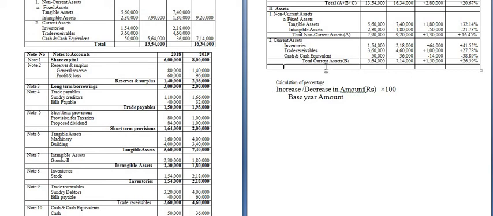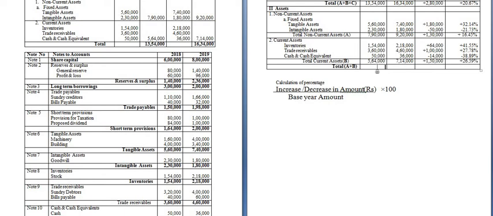So right here total assets in bracket A plus B. A how much? 7,90,000.